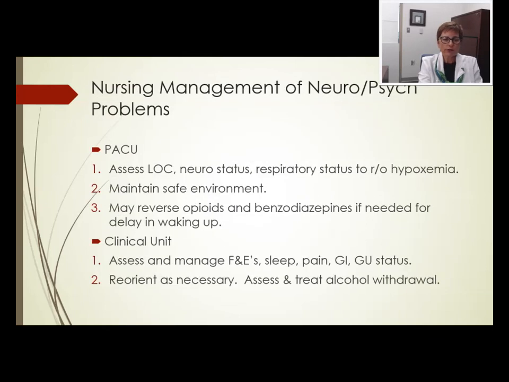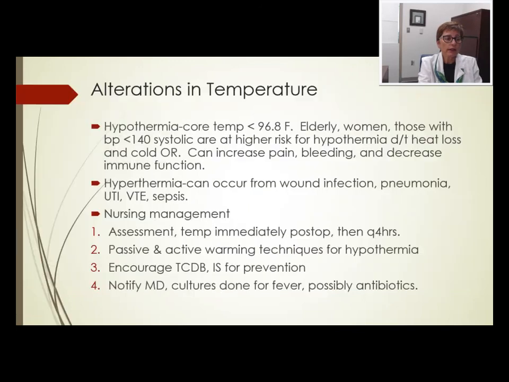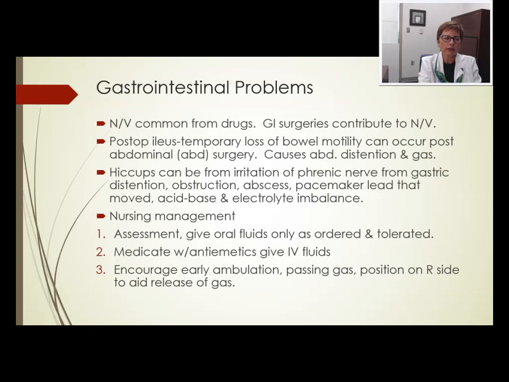We need to monitor for alcohol withdrawal, assess their level of consciousness, manage the fluid and electrolyte status, manage their pain. It can be done with analgesics, IV opioids, PCAs. We need to monitor their temperature, and call a physician if their temperature is elevated.